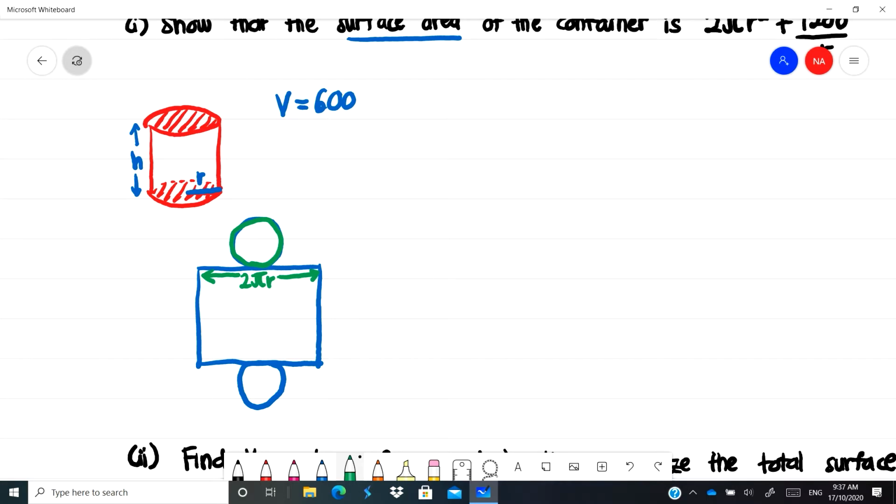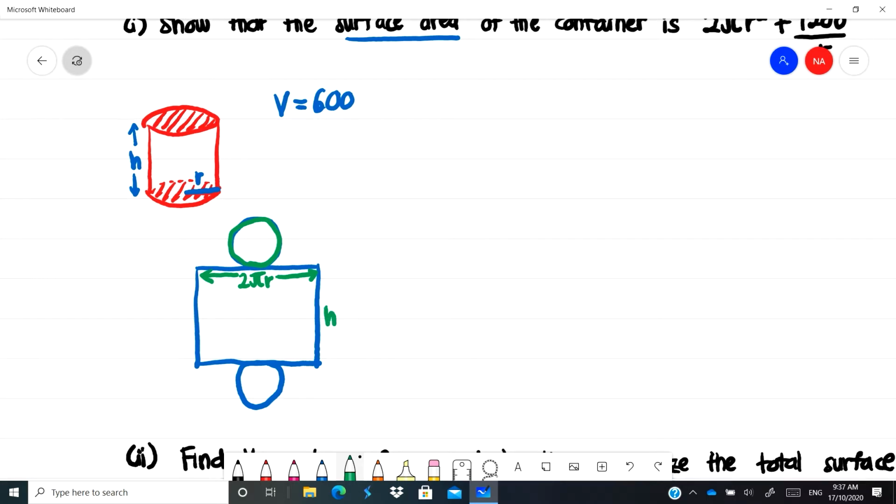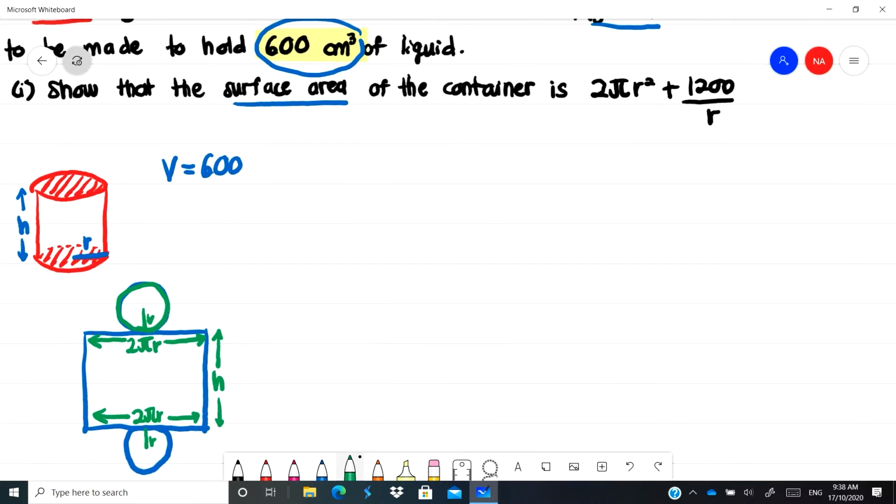Now we have the h here. The same goes here, which is 2 pi r, given by this part, and we know that the length here is actually r, which is the radius. Now we have to show that the total surface area is given by this formula.